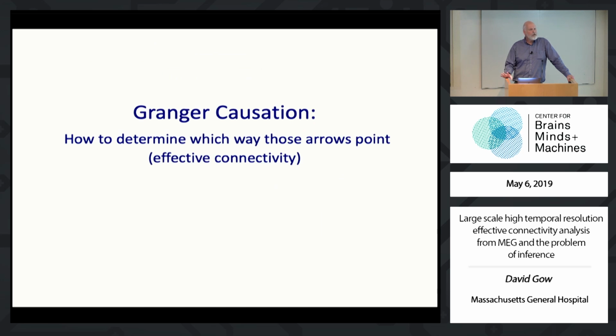Now, there are a bunch of different effective connectivity approaches out there. At the time that we got into this, the major competitor was dynamic causal modeling. In dynamic causal modeling, you start out with a model. Actually, you start out with a tremendous number of models, and you test patterns of correlation to see which would be most consistent with whatever model you're trying to test.